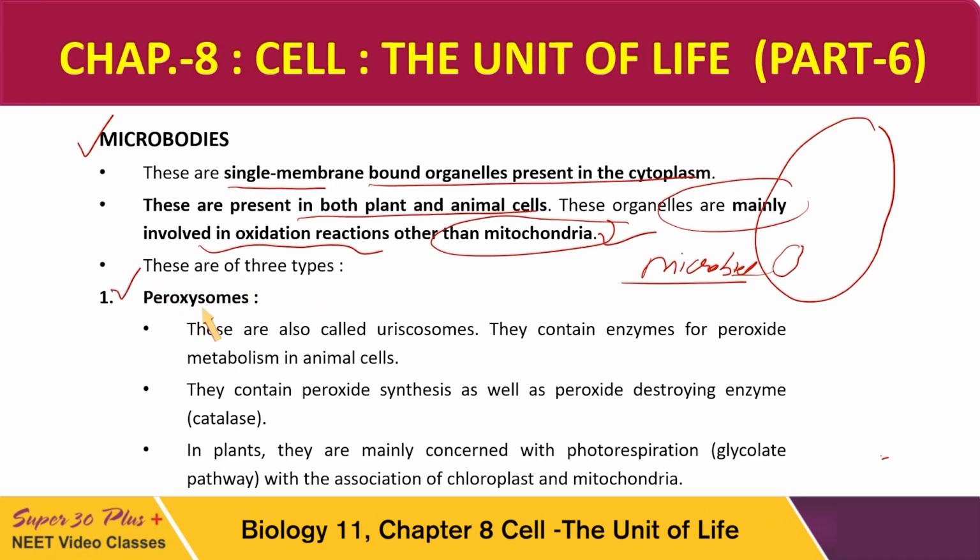One is peroxisome, very important one. Peroxisome, very important from the examination point of view. Also called uricosome. They contain enzymes for peroxide metabolism in animal cells.